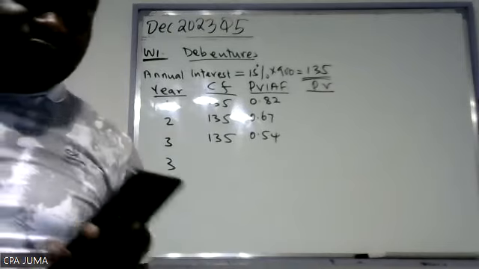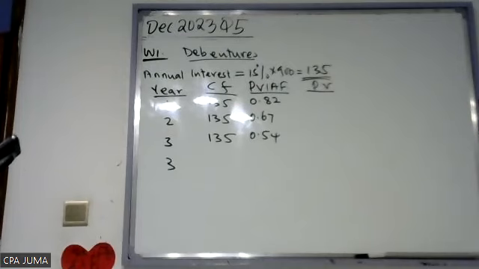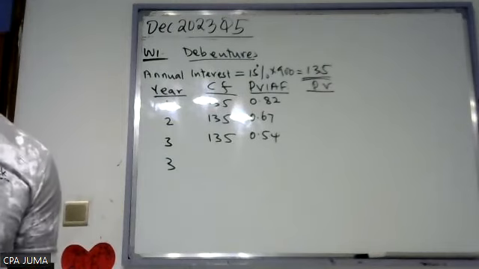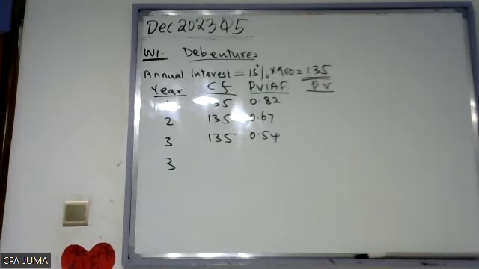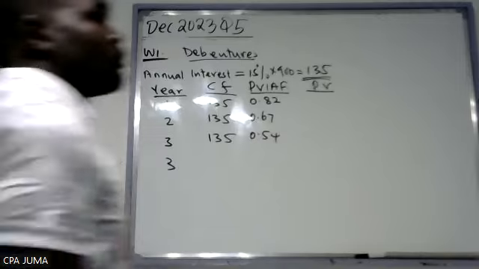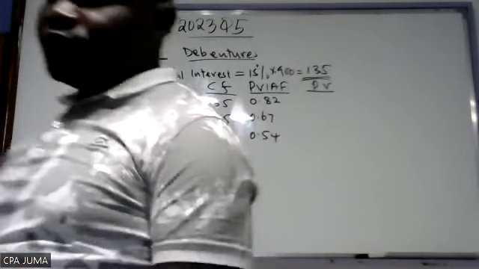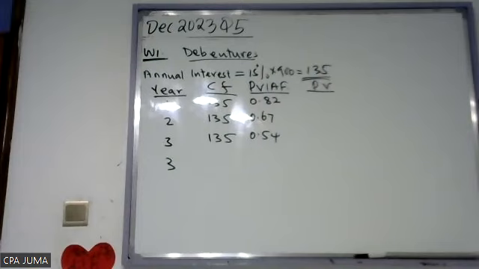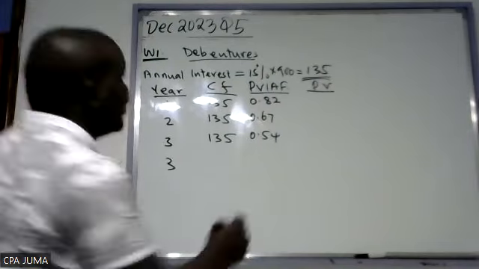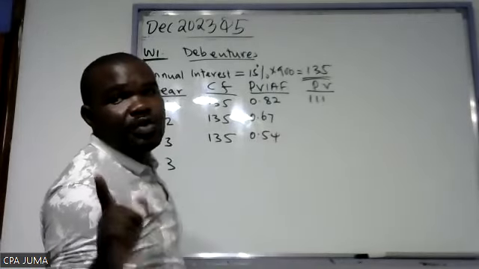Let's round off to whole numbers. The 3 comes to 111, 91, 73.